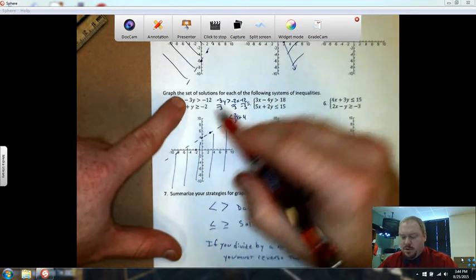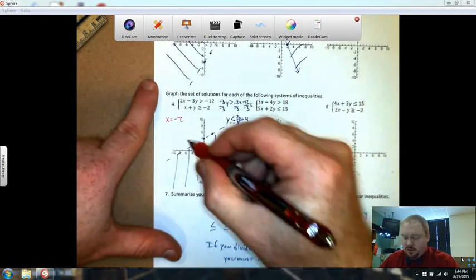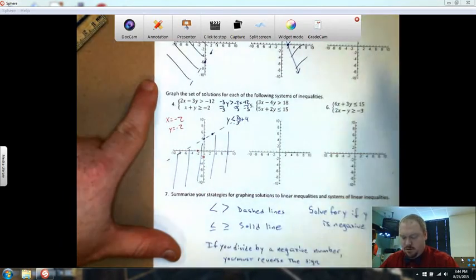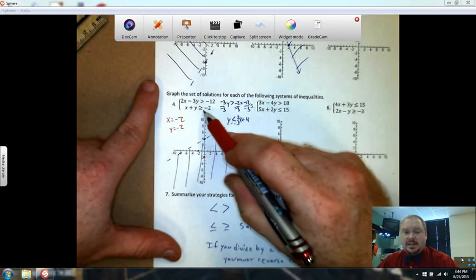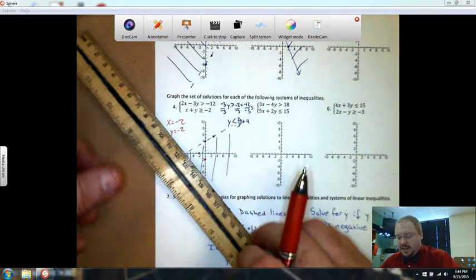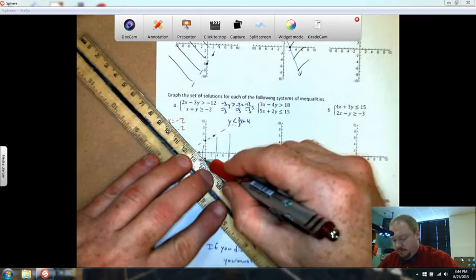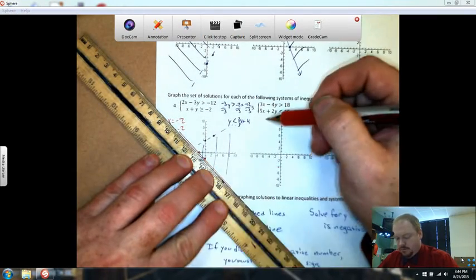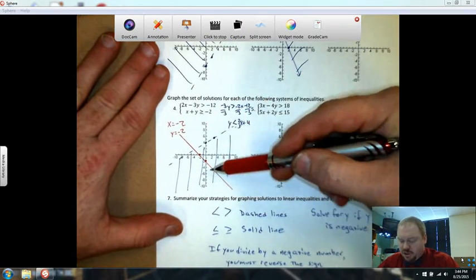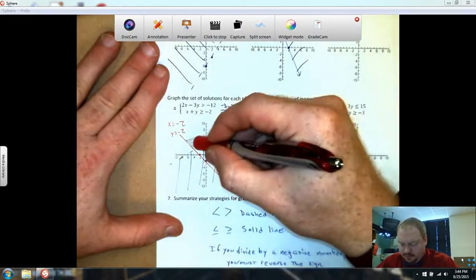Cover up here, y is negative 2 as well. Notice that this has a line under it. So, I can draw a solid line. And because this is greater, I'm going to shade above the red line.